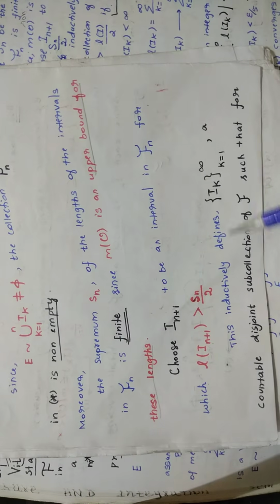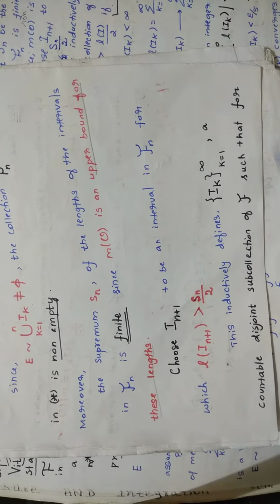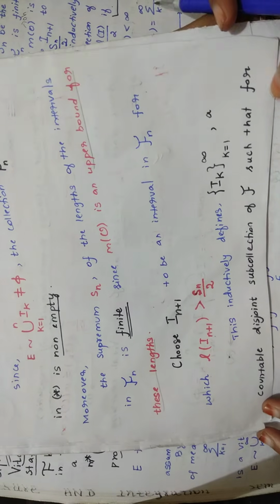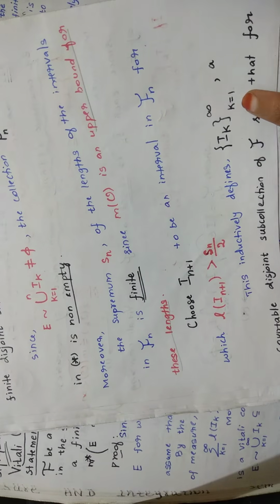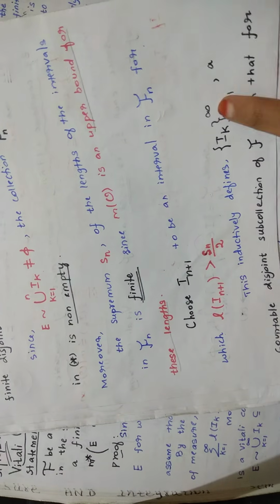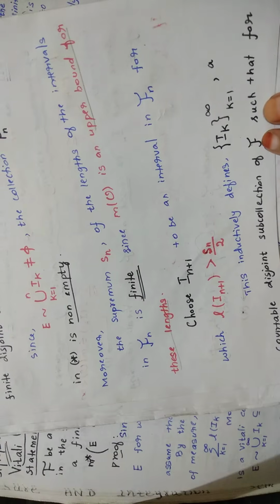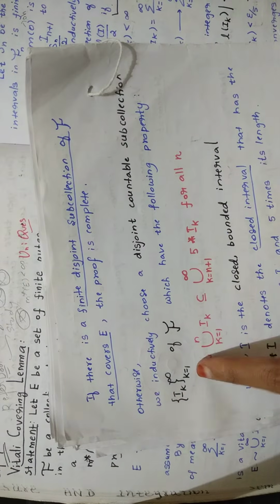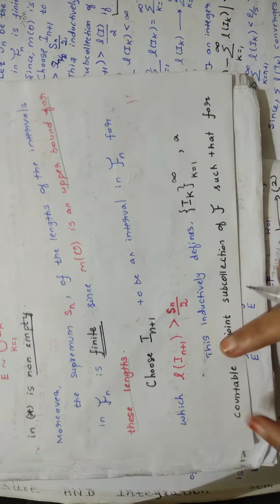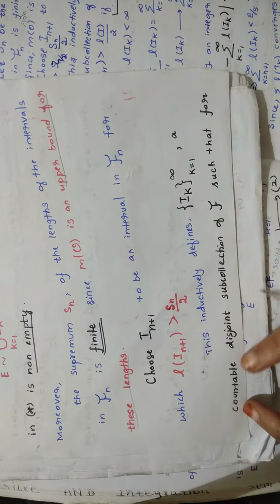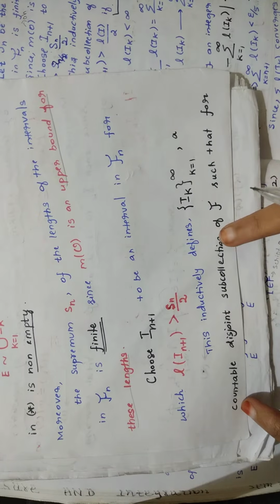Okay. This inductively defines Ik, k equal to 1 to infinity, a countable disjoint collection of F. This inductively defines this Ik, k equal to 1 to infinity. This is what? A countable disjoint collection of F. The first line you have written, right? You are again writing that. No big deal. No difficulties, right? This inductively defines a countable disjoint subcollection of F such that for each n you are writing like this.